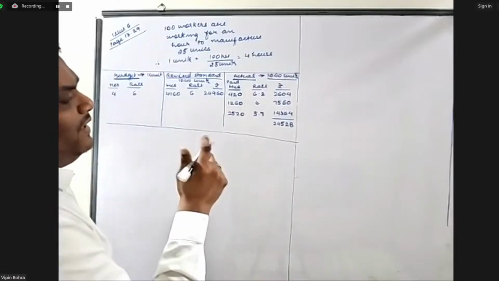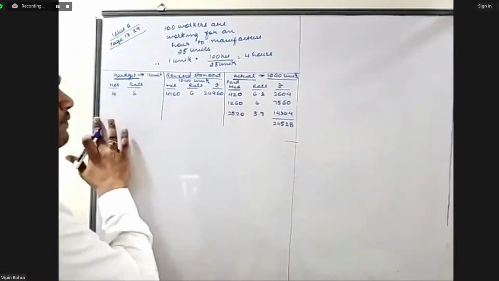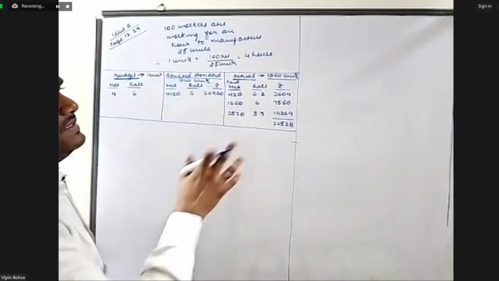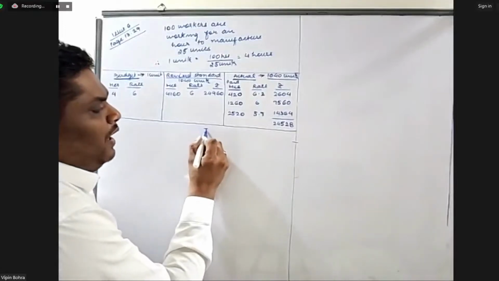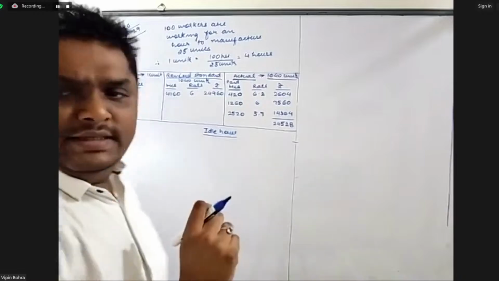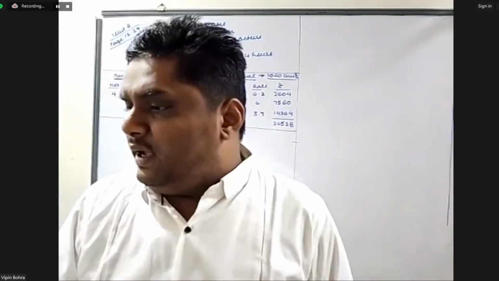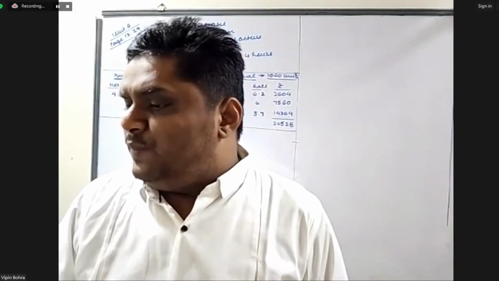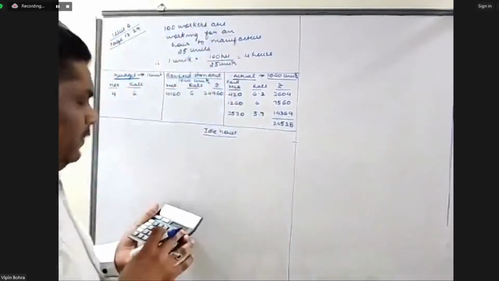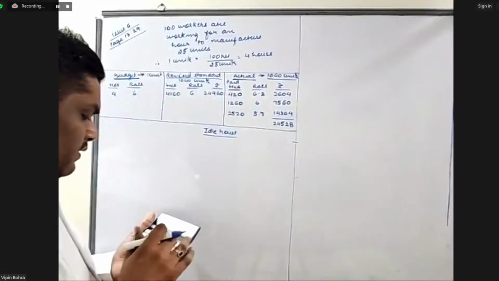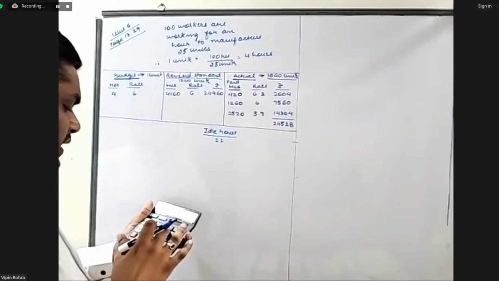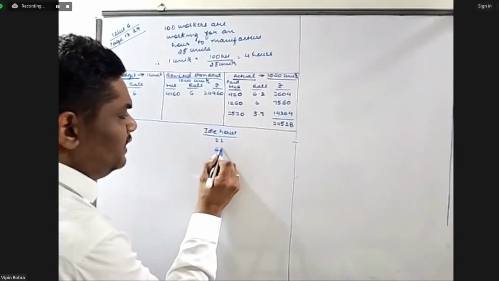Further, the details are given as regards idle hours also. The idle hours are 5% of the normal hours. So 420 into 5% will be 21. 1260 into 5% will be 63.